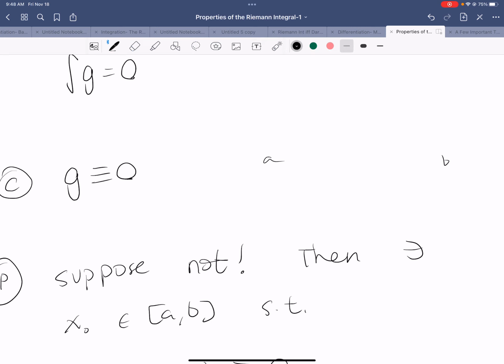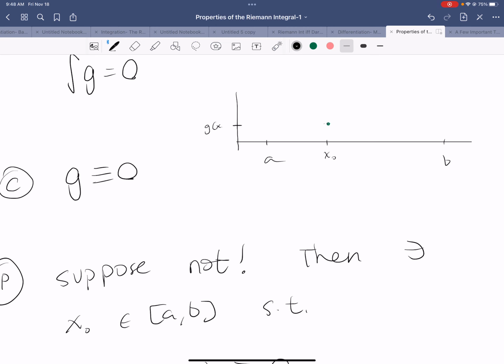Okay, suppose g is not identically 0, then there's some point x naught where g is bigger than 0. So this is, say, g of x naught. And g of x naught is bigger than 0.